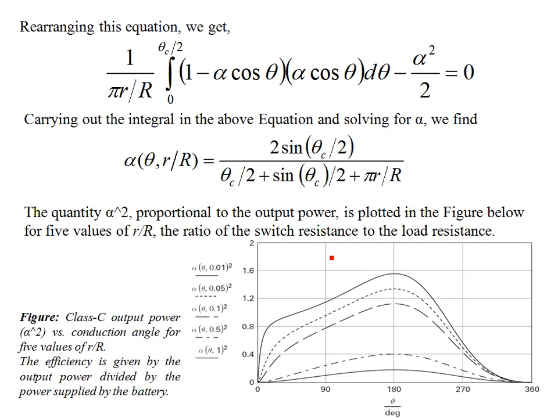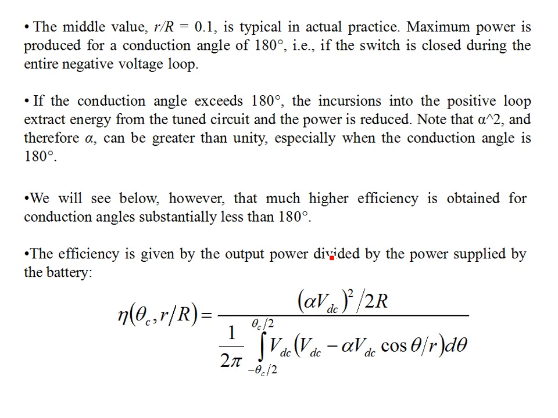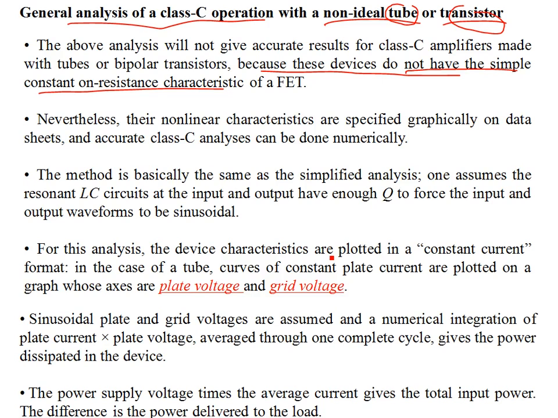So the expression for the efficiency changes. The nonlinear characteristics of tubes and BJTs are specified graphically on their data sheets, and an accurate class C analysis using tubes or BJTs can be done numerically, by considering their characteristic IV curves.